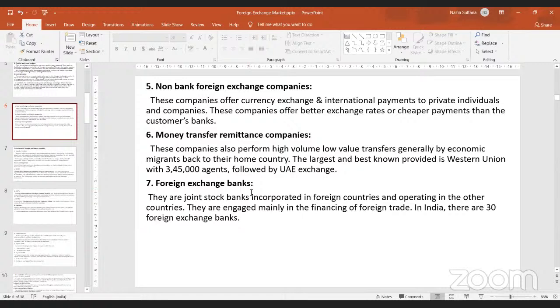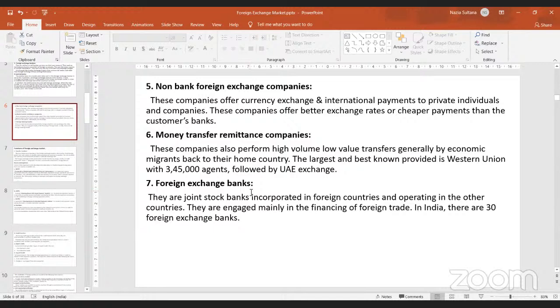You also have UAE exchanges, because most of the Indians who are residing abroad are either in the US, UK, or Gulf. Most of these people make use of Western Union to send back money to their people in their respective countries. So money transfer remittance companies are also a part of the foreign exchange market.